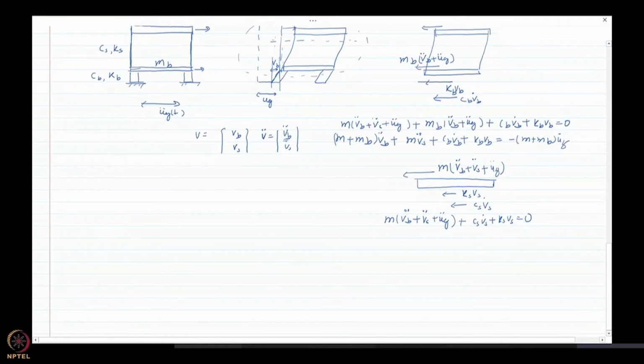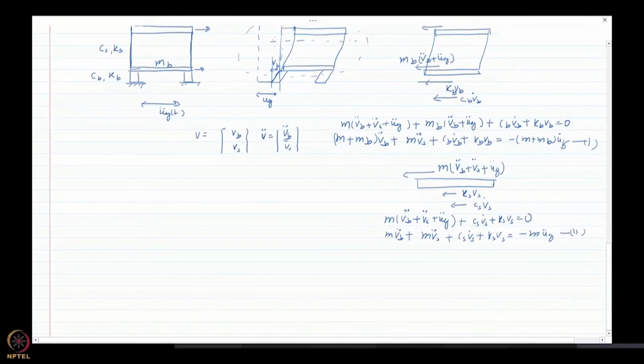Similarly for this, I can write m Vb double dot plus m Vs double dot plus Cs Vs dot plus Ks Vs, and the ground motion term Ug double dot I am going to bring to the right hand side. So these are the two equations that I want to combine in matrix form.